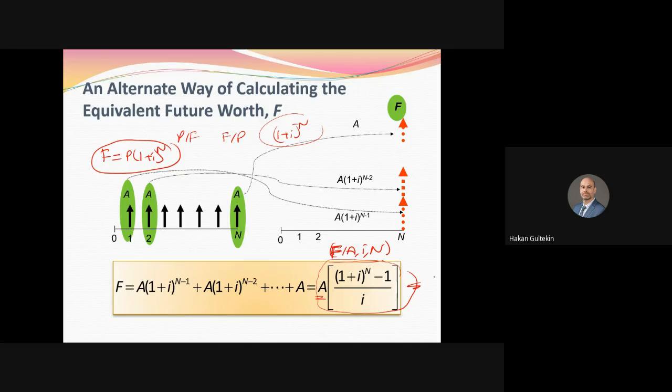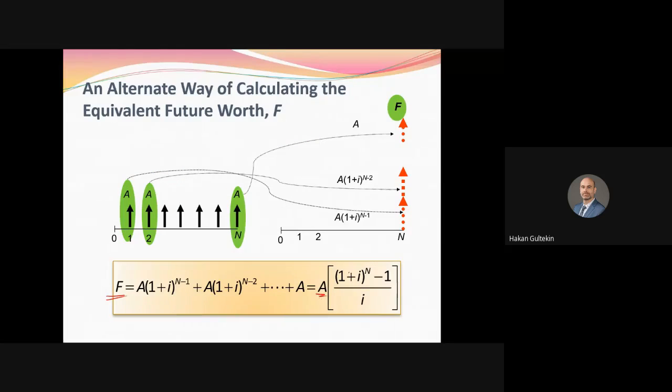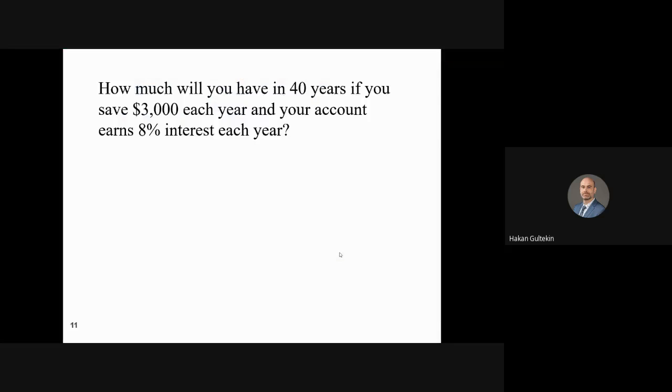Otherwise, you don't need to memorize this formula. Okay, so this is how we calculate a future value given an annual equivalent. This is the formula, and you can also use the factor table to calculate this value.